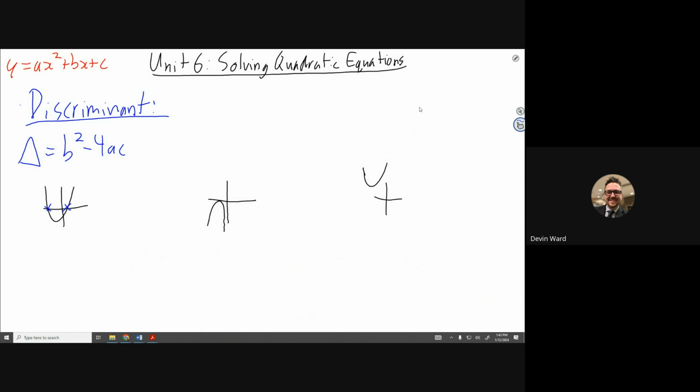Okay. And in this case, my delta, b squared minus 4ac, will be greater than 0. So it's going to be a positive number. Okay, that gives me two real and distinct roots and two solutions.